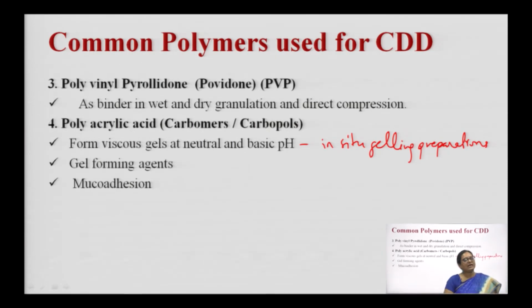Because of this, it has been used in muco-adhesive or bucco-adhesive formulations, because it can adhere to the mucosal surfaces and hence increase the residence time and improve the efficiency of drug delivery from a controlled drug delivery system.